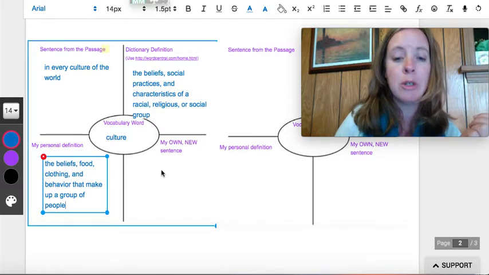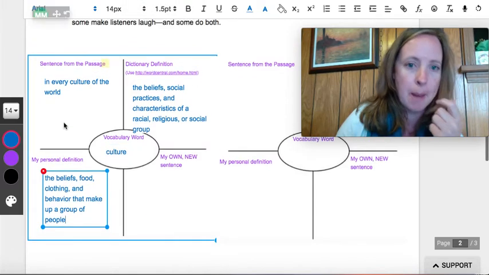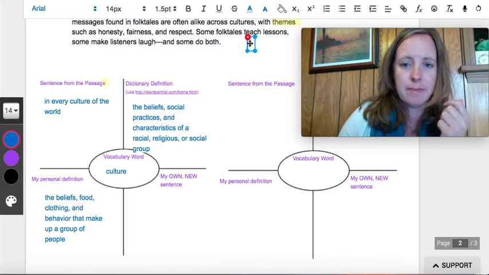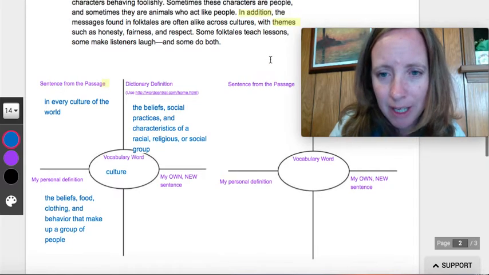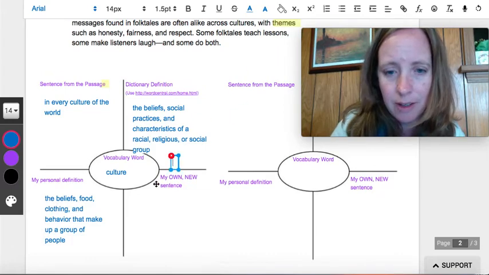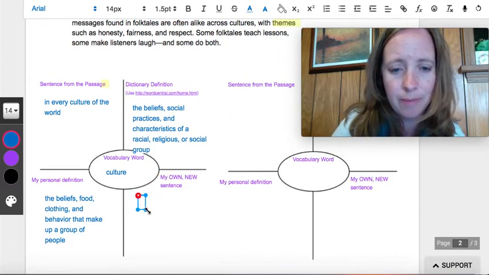So over here, I'm going to use the word culture in its own sentence. See, I can make as many text boxes as I want if I just double click over here. And when I have it, just drag it down, okay?